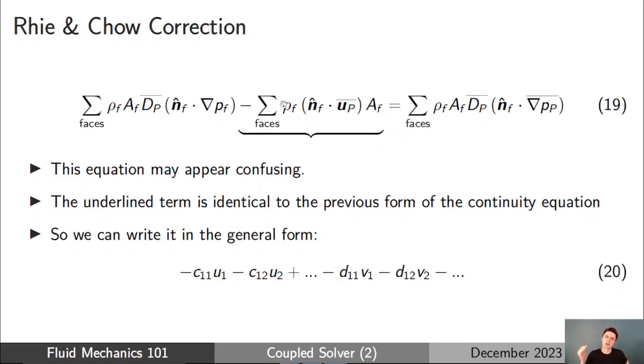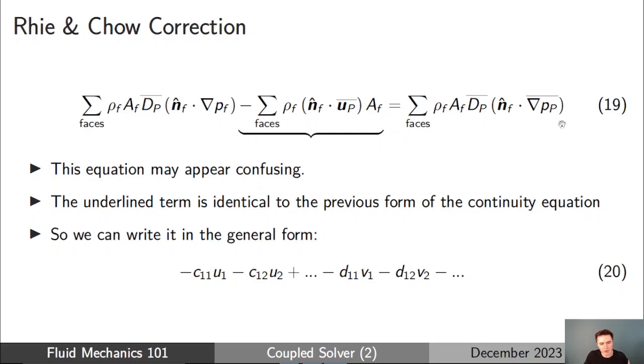And going through that previous example that I did for the square cells, you'll recall that this particular term, because we calculated this with linear interpolation, we could actually write in the general form C11 U1 minus C12 U2, D11 V1 minus D12 V2. So we can rewrite that in the general implicit form that we had before, and those are going to form those implicit coupling blocks on the off diagonals of the coupled matrix system.